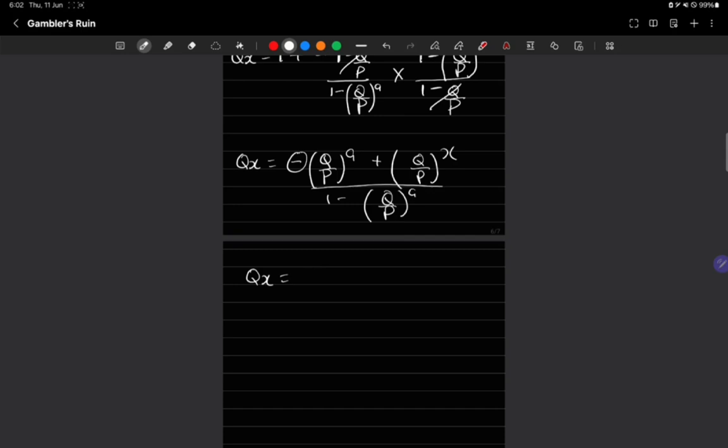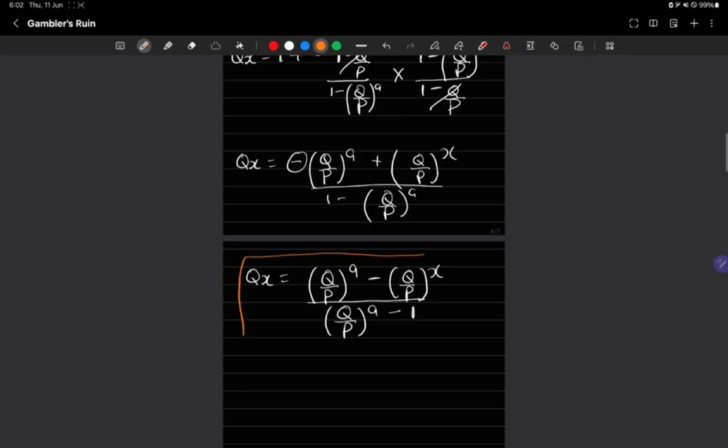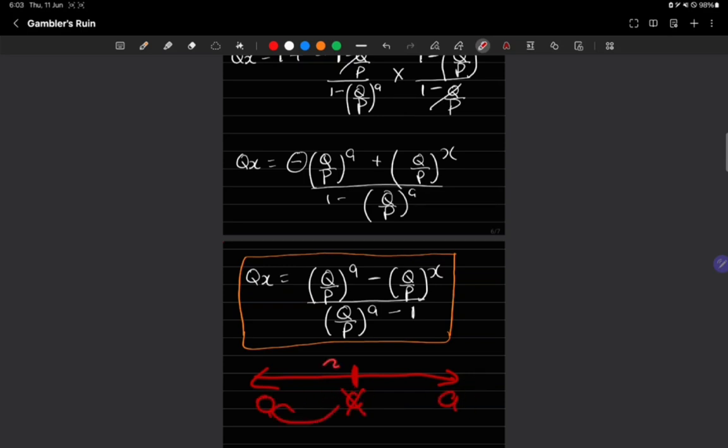So that will give us q by p raised to the power a minus q by p raised to the power x upon q upon p raised to the power a minus 1. So this is the probability that starting from the position x, we can get broke as a gambler, from the position x, 0 and a.